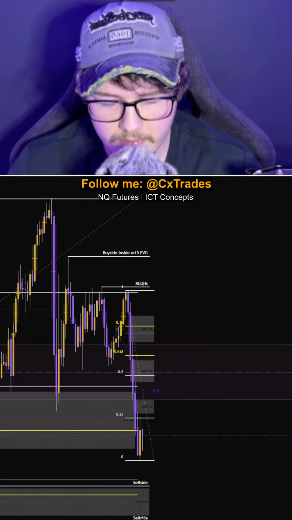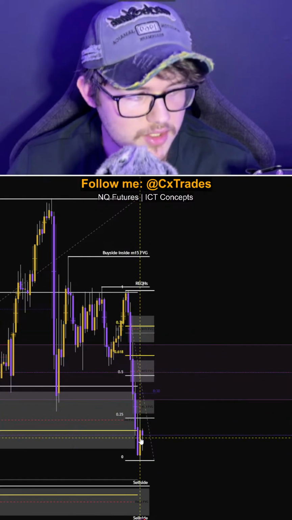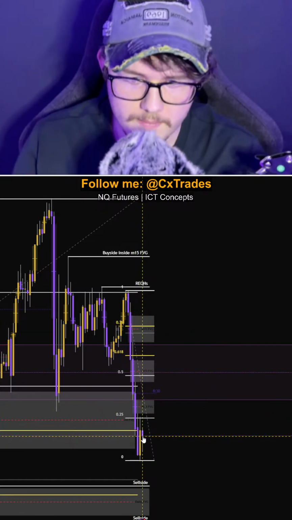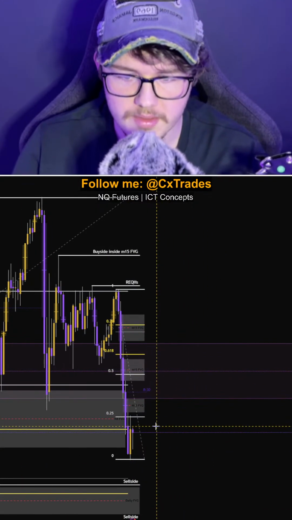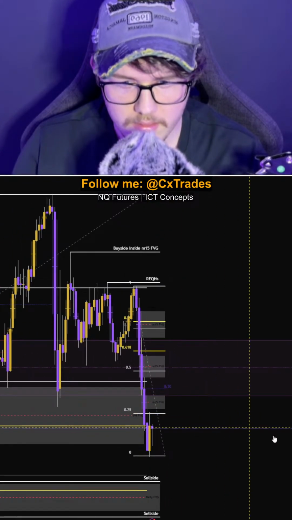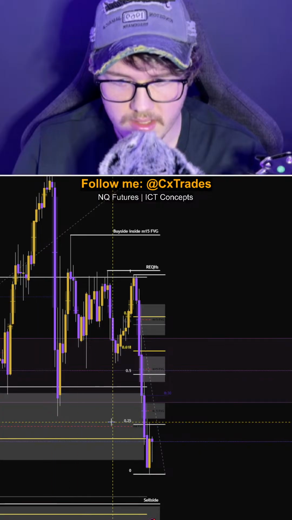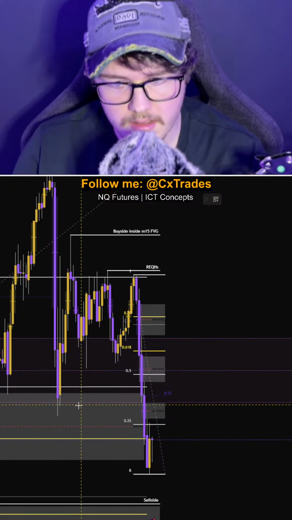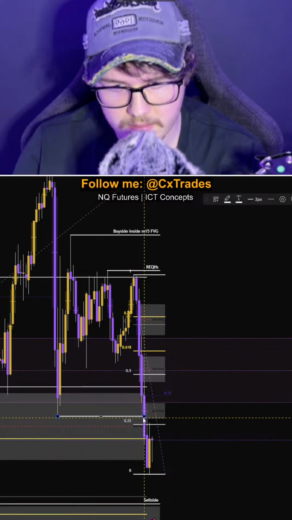Okay, so if this is manipulation, we're going to see a 9:30 expansion. Or we should. It's not 100%. But if this is manipulation down towards these lows, we should see 9:30 expansion.